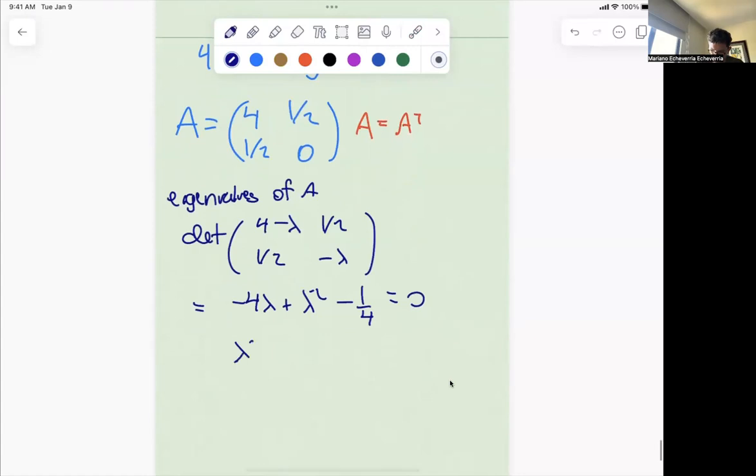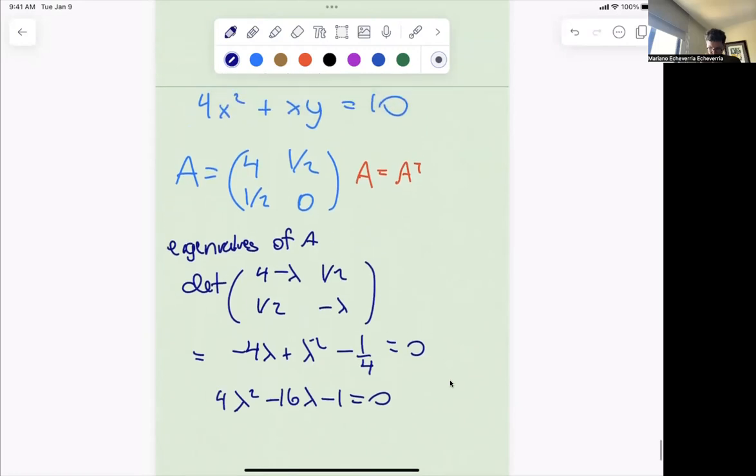It's better to just write it as 4 lambda squared minus 16 lambda minus 1 equals 0. Okay, let's see. This is going to be a little bit ugly in terms of the numbers. Let's see if I can change it a little bit to not have something nasty.